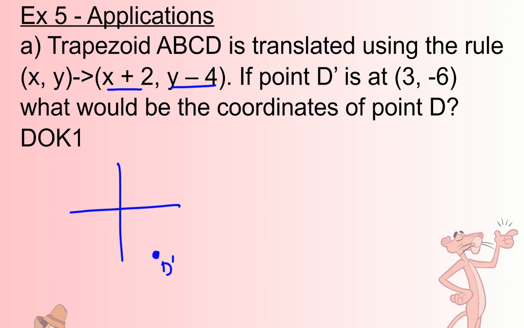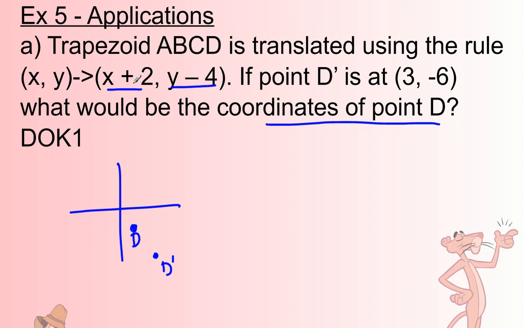So for me to get back to this original point D, all I'd have to do is reverse my directions. So if I go up 4, 1, 2, 3, 4, and left 2, what is the coordinate of that point? Let's see.